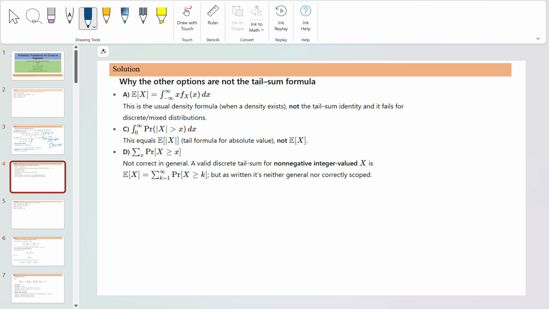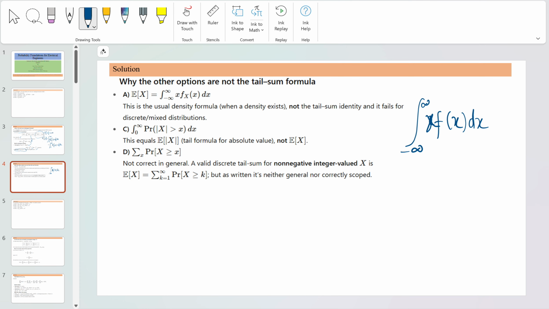Now why are the other options not the tail sum formula? The first option is usually a density formula, the integral from minus infinity to infinity of x f_X(x) dx.